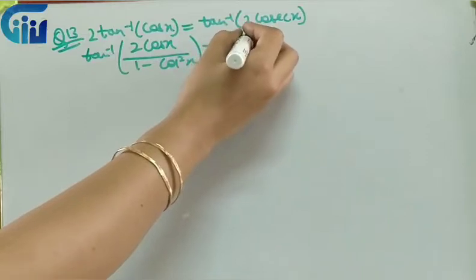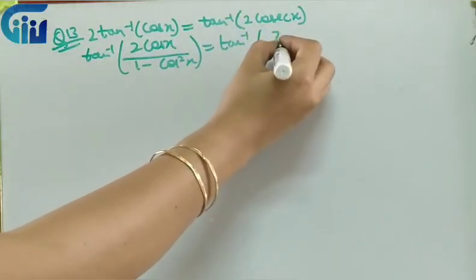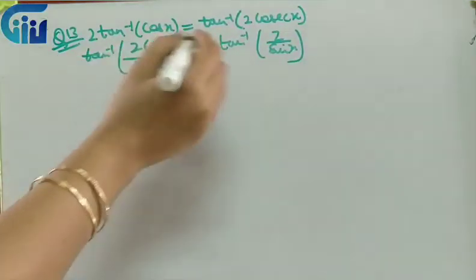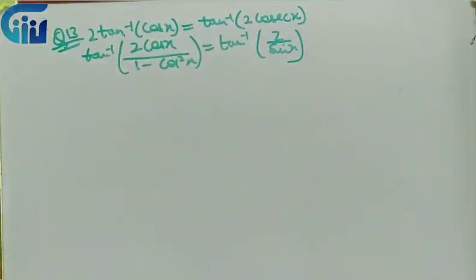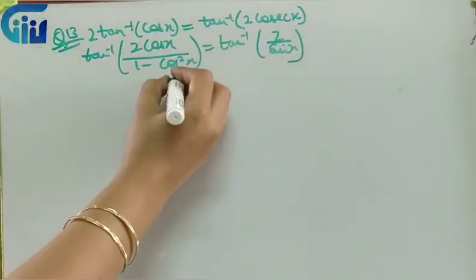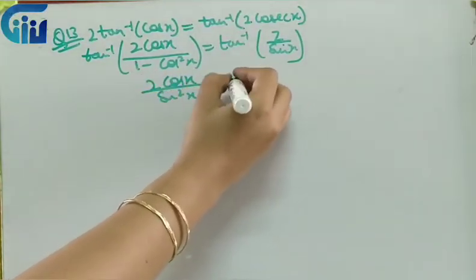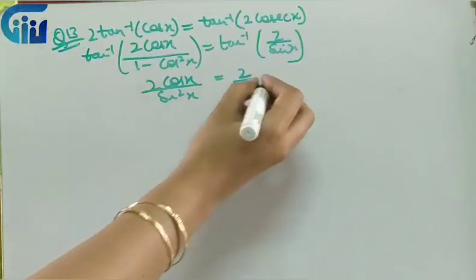So then this will be 2 upon sin x, right? Now I can compare tan inverse and tan inverse on both the sides. So it will change to 2 cos x upon sin square x is equal to 2 upon sin x.